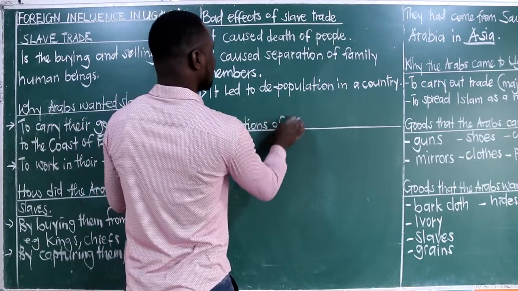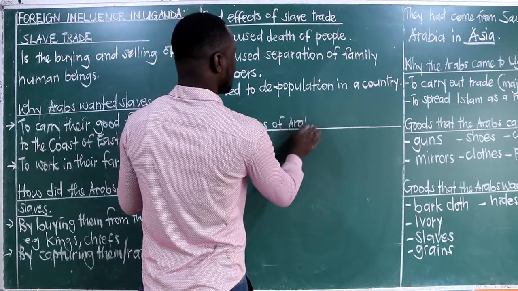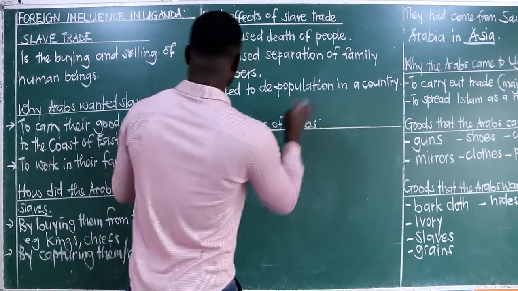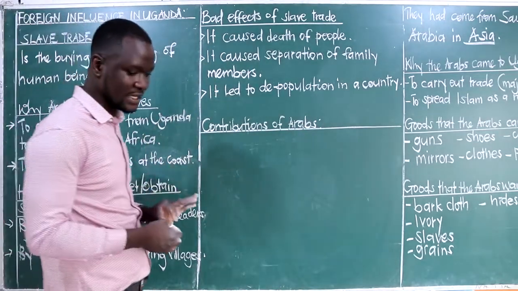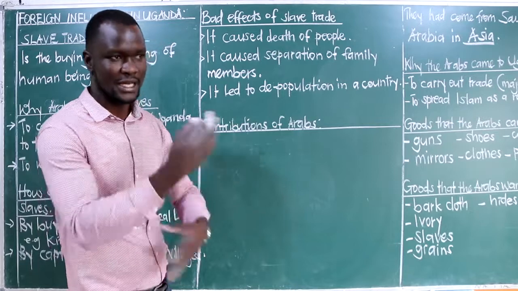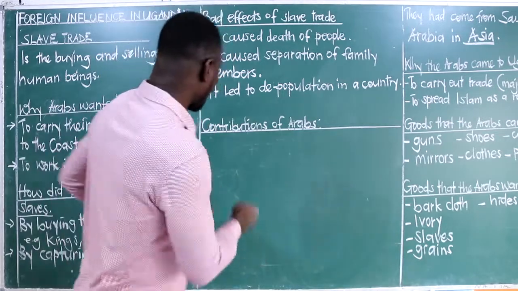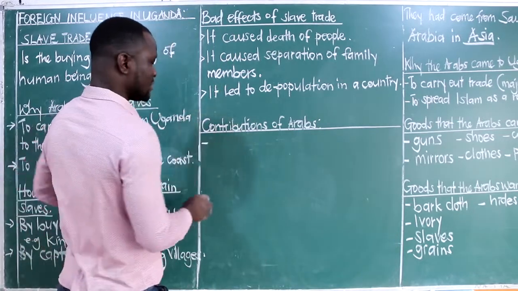Contributions of Arabs. So let us now remove our minds from slave trade, much as it happened. Now we are looking at the good things. Which good things did the Arabs introduce?